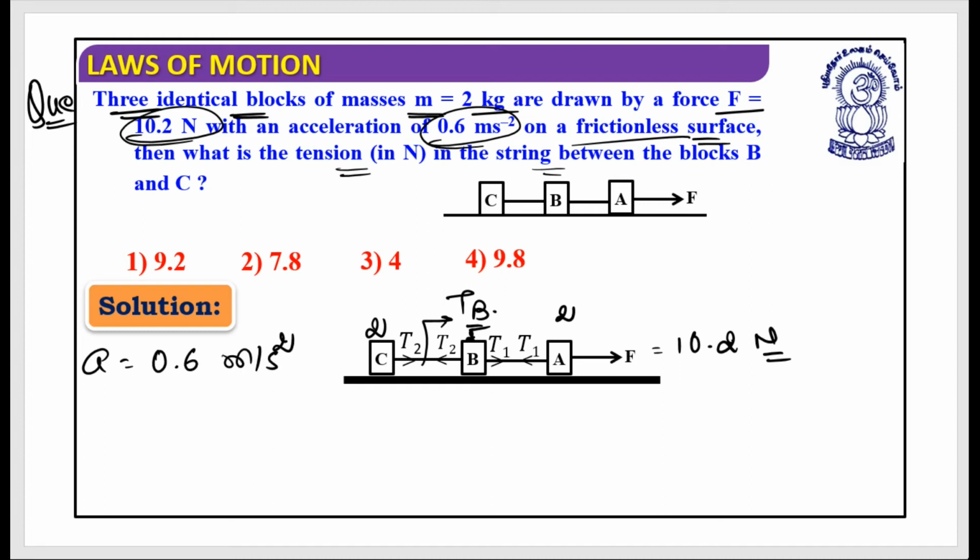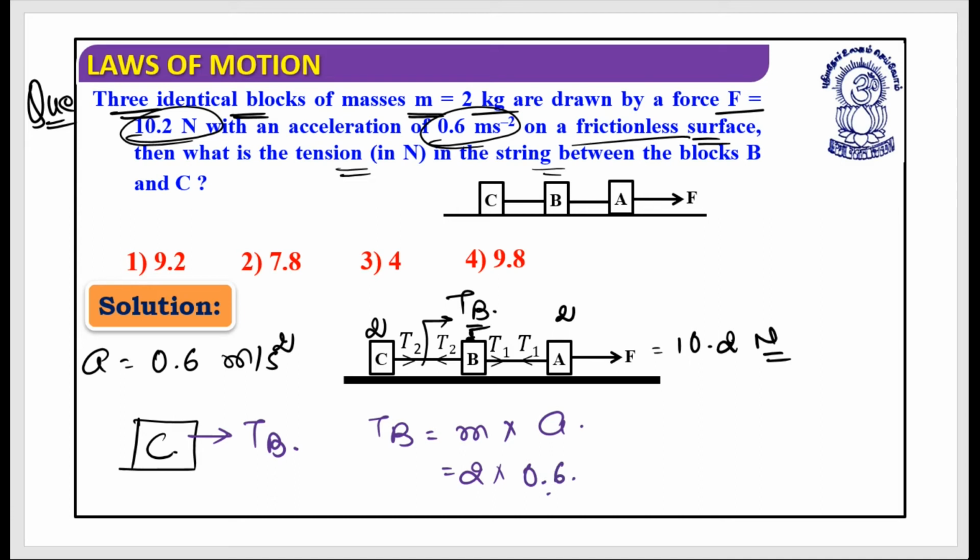So let's have a free body diagram of C. Only one force is acting, which I have denoted as TB, and this can be written as TB equals mass into acceleration. The mass is 2, and the acceleration is 0.6.